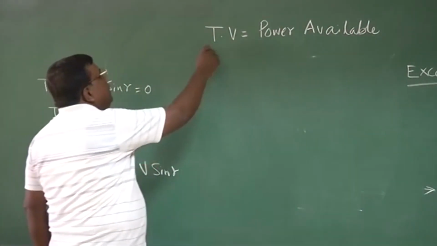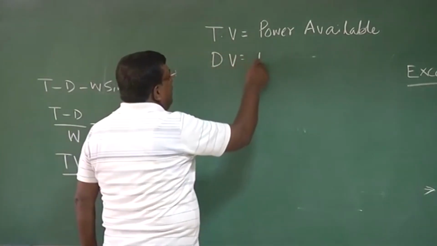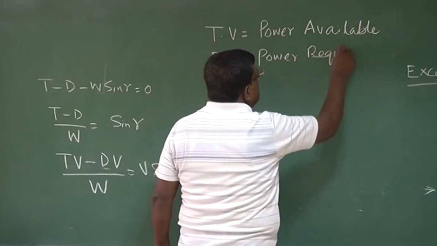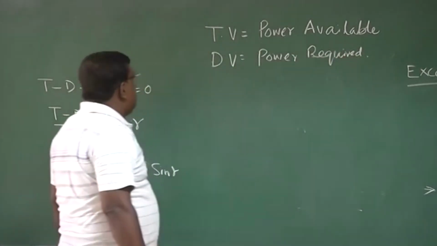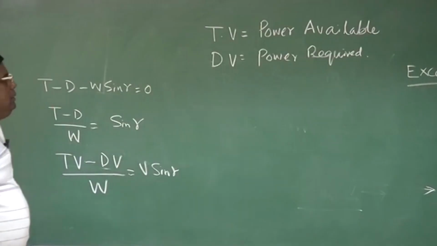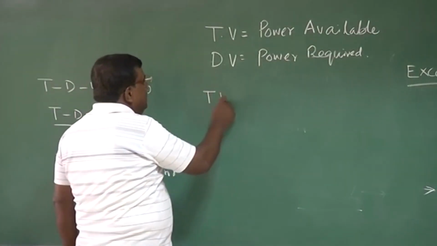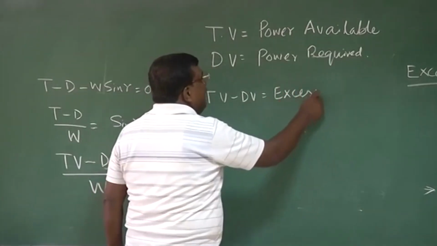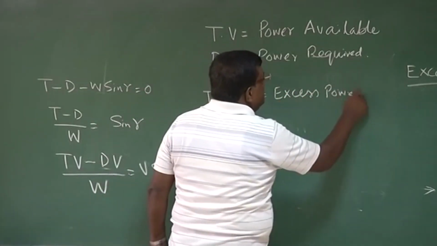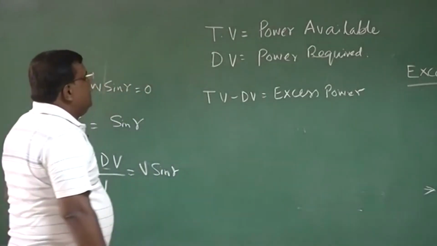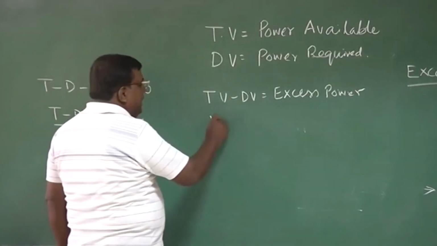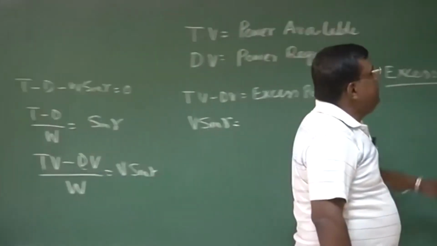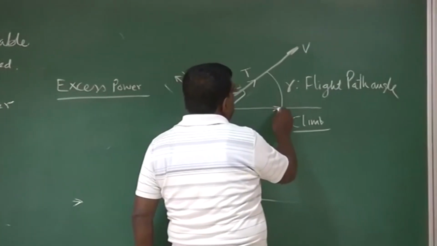What is D into V? It is the power required. So what is TV minus DV? TV minus DV is the excess power. Remember, we are talking about excess power. And what is V sine gamma? See here, if this is V, I can resolve this into two components.